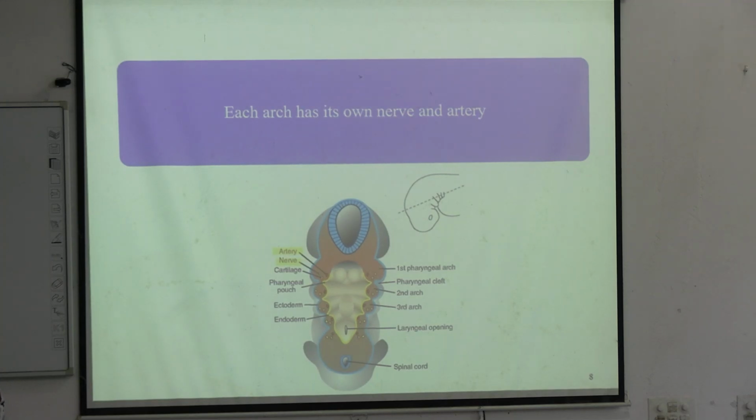So finally we have 5, so we are dealing with 5 out of 6. Each of these pharyngeal arches is going to produce some muscles, and the muscles produced from that arch will be supplied by the nerve feeding that arch. That means for the first arch we have a nerve. We call it the nerve to the first arch.